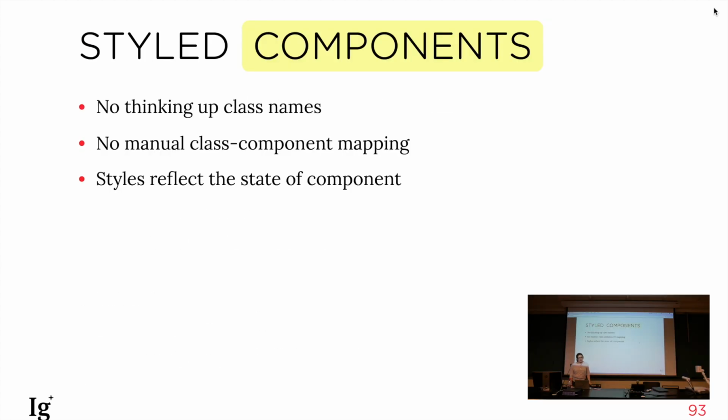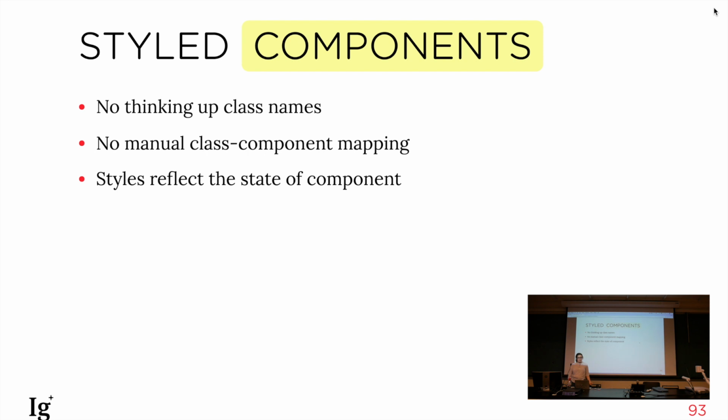And so with styled components, I highlighted the word components there. Because to my understanding and to my perception, this is a real attempt to provide this component approach in CSS development.